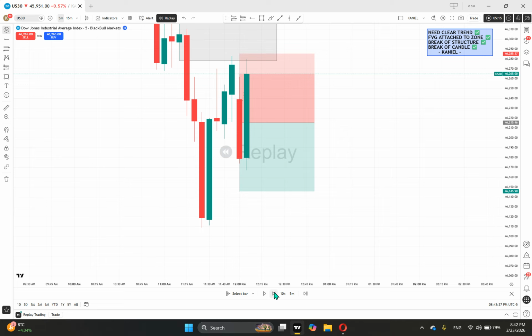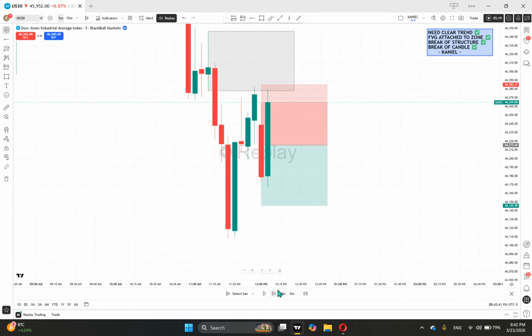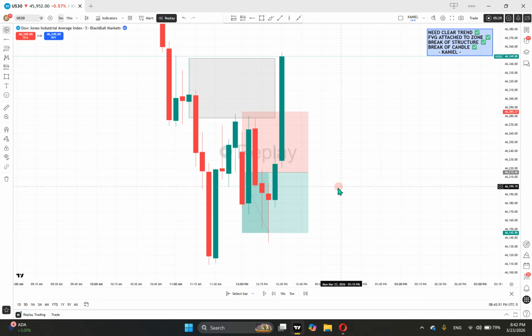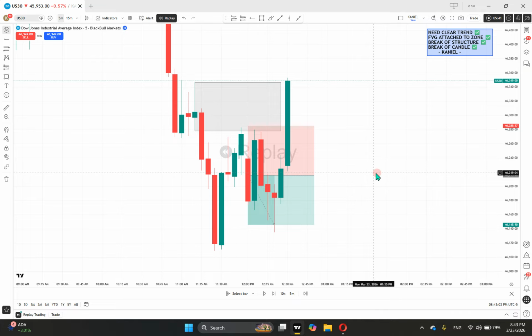I was a little nervous, but I didn't close the trade. The second candle almost stopped us out as well, and from there it was just smooth sailing. As you can see, we barely hit TP, and after that it was just bullish candles. That's why I love 1 to 1. It's just simple.